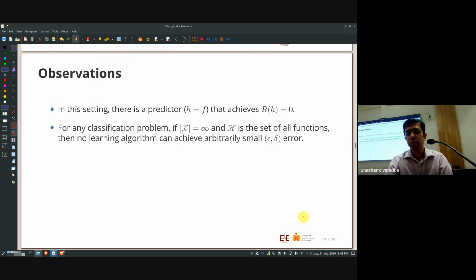And one thing to note is that in the setting of the no free lunch theorem, there is one predictor that can achieve R(h) equal to 0, the ground truth predictor. It is just that the hypothesis class itself is so rich that you're unable to find this particular predictor if the number of samples is not large enough.